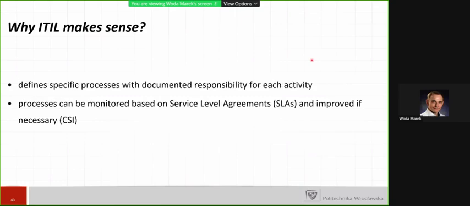What is quite important for every company aligned to ITIL is to be aligned to the agreements defined within service level management, and to improve the processes if necessary through continual service improvement. These are the takeaways from today's lecture.